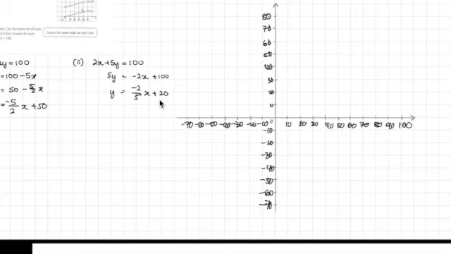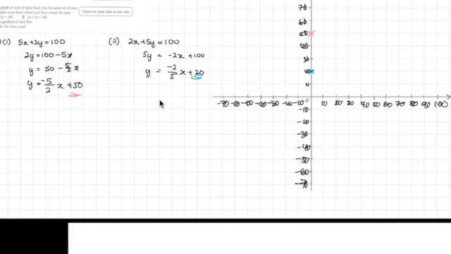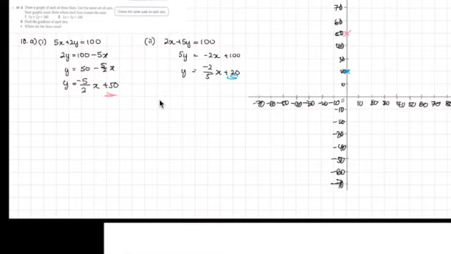All right. Now let's label our x-intercept and our y-intercept. Sorry. This one is 50. This one is 20. Okay, both are positive. Great. Now let's label our other numbers.